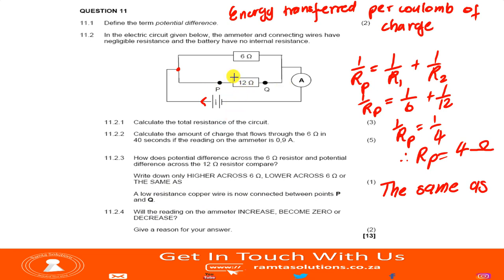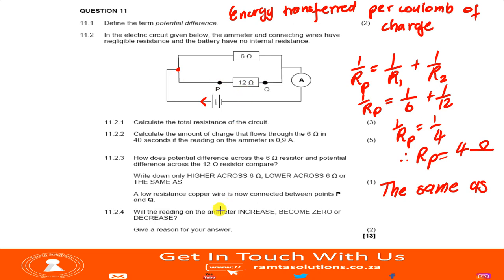So we shouldn't necessarily be worried about it. There is no longer a 12 ohm resistor. Now, since there is no longer a 12 ohm resistor, the current is not affected by that branch, because there's no resistance whatsoever.